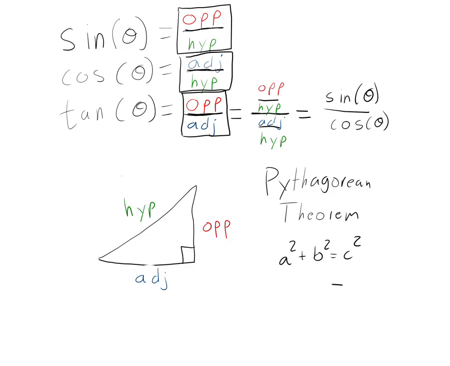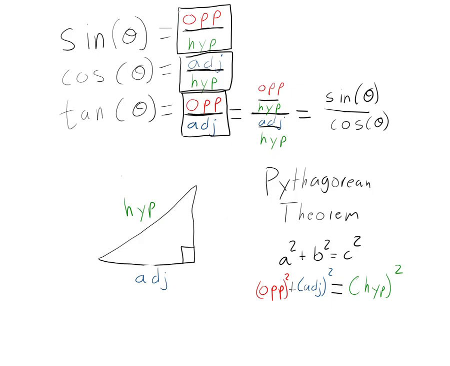And we can actually rewrite this as it will always be true for these right triangles that the opposite value squared plus the adjacent value squared is going to be equal to the hypotenuse value squared. And this is going to come in handy when we have to start defining some of these problems.